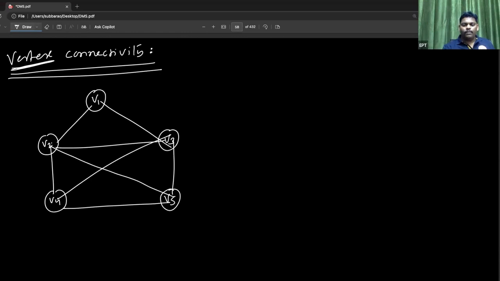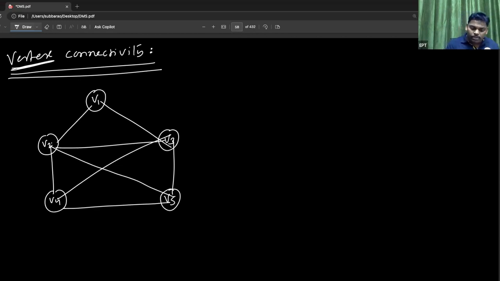Anyone? I think Atul is saying V1. If I delete V1 together with its edges, does the graph become disconnected? No. V1 will go, its edges also will go, and the resultant diagram is not disconnected. Can you help me? Is any one the articulation point in this graph?